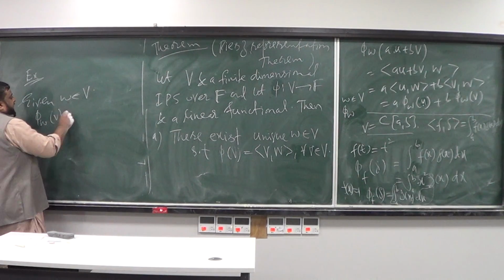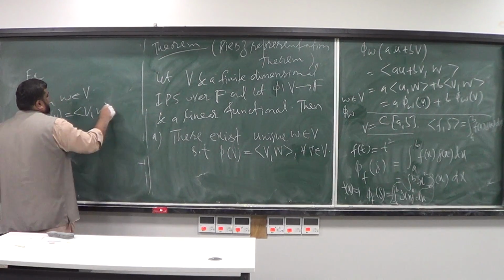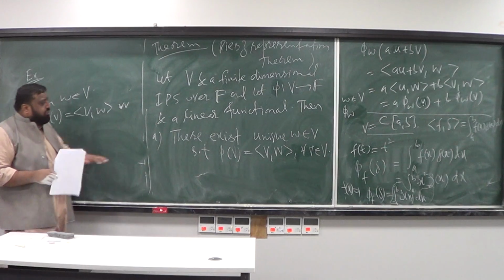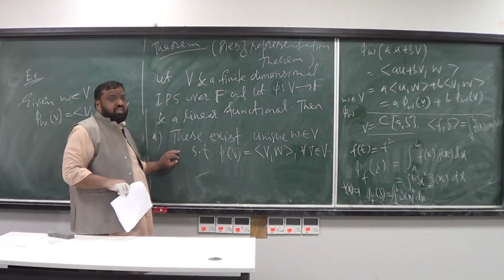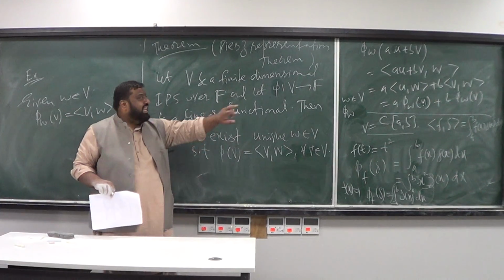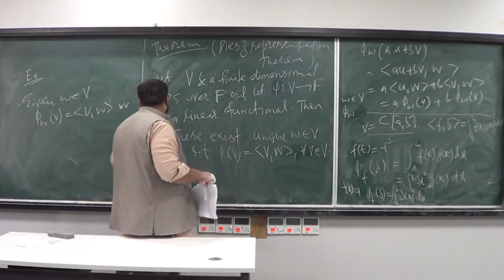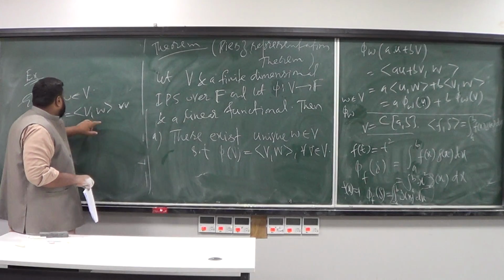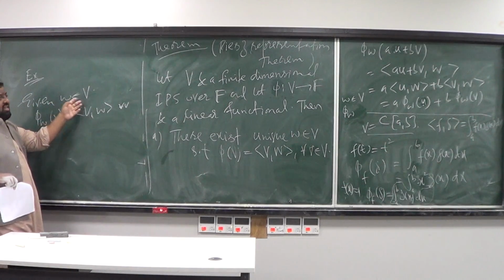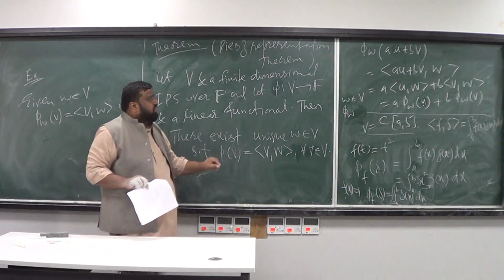Okay? That goes like this actually. Now, if you see this statement, what does it say? Take any functional actually. So here, through the inner product, you can define one functional corresponding to each w. What does this statement tell you?